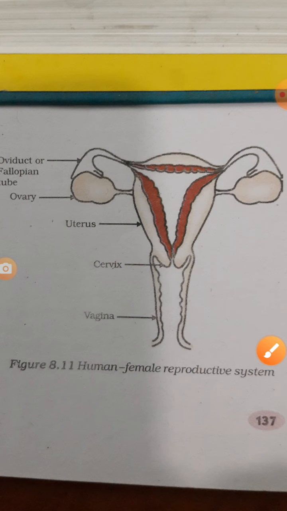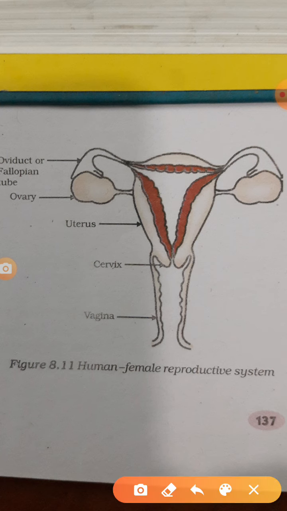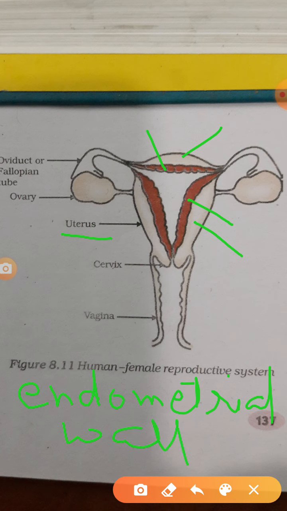You can see that the wall of the uterus is double layered and very thick. This red portion and this white portion. It is highly muscular, and this red one is also called the endometrial wall, or endometrium.